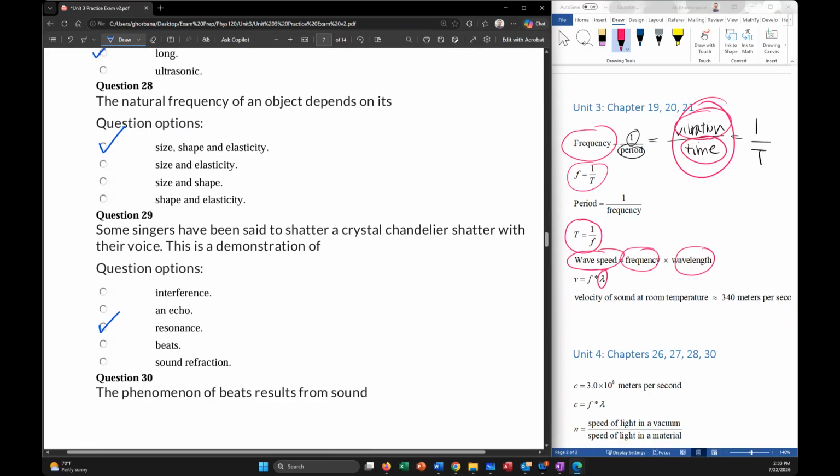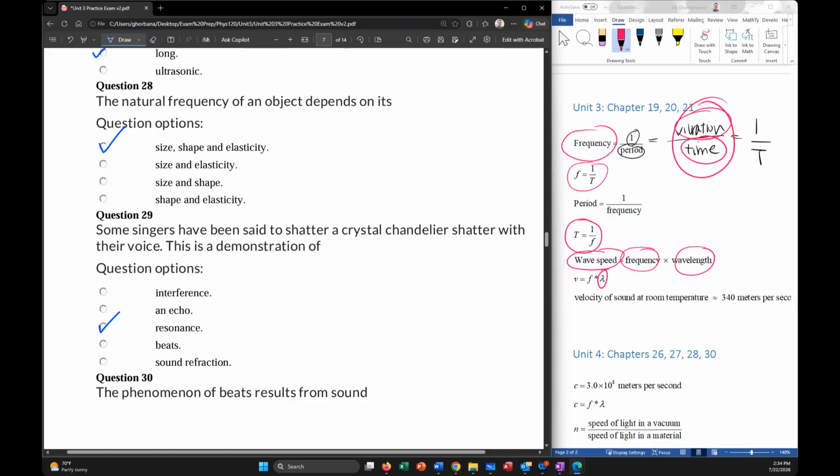Any material is created from molecules and atoms. Atoms have a nucleus and electrons orbiting around it, and there are vibrations, each with its own vibration.